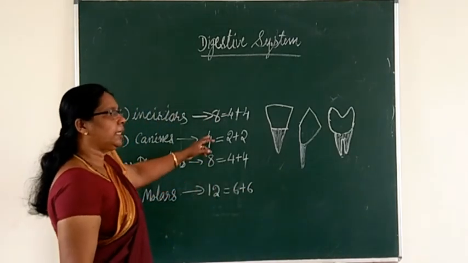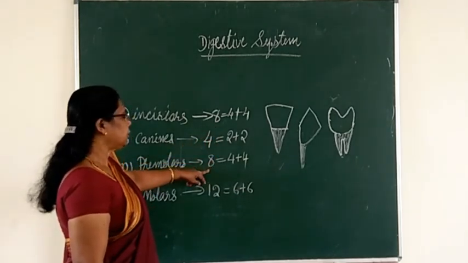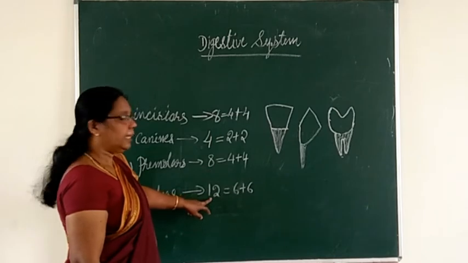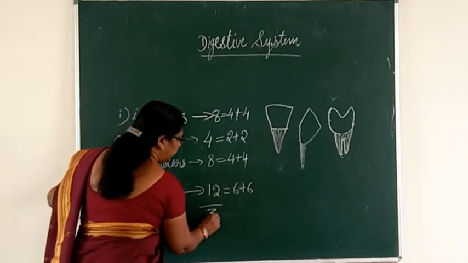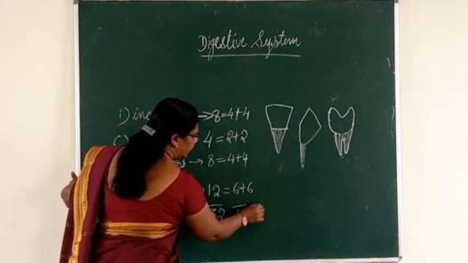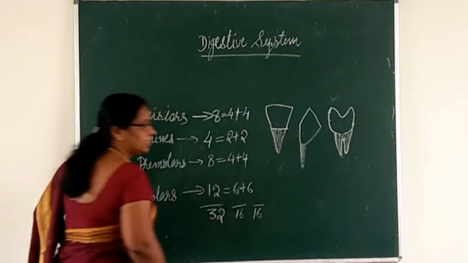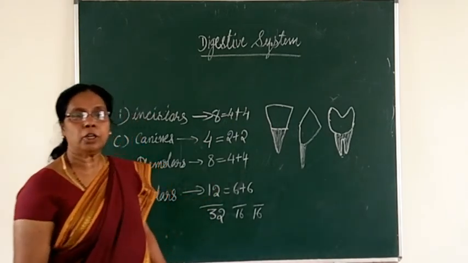So altogether you can now see 8 plus 4, 12, 8, 20, then plus 12, that is 32. 32 in total, that is 16 on this side, and on the other side also 16. So in the upper jaw 16, in the lower jaw also 16.